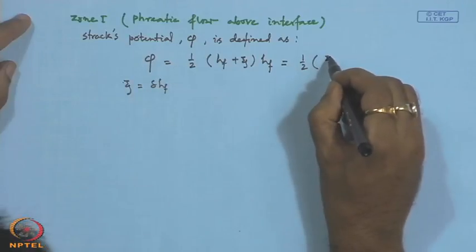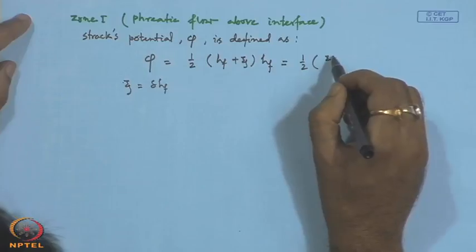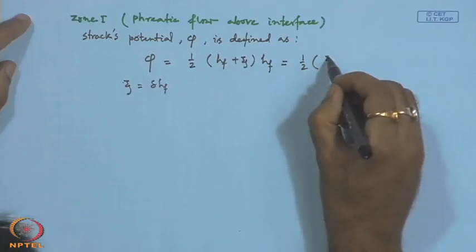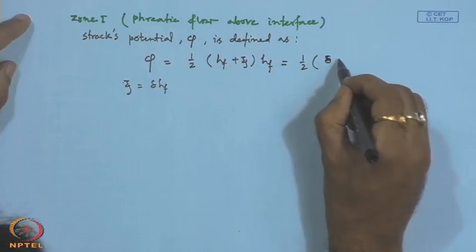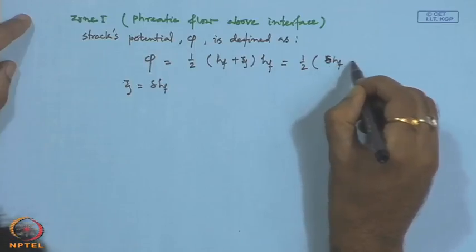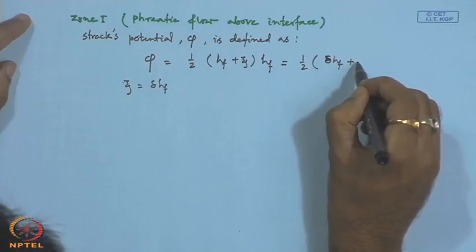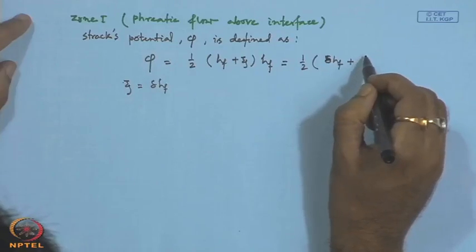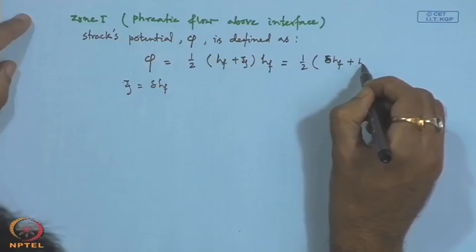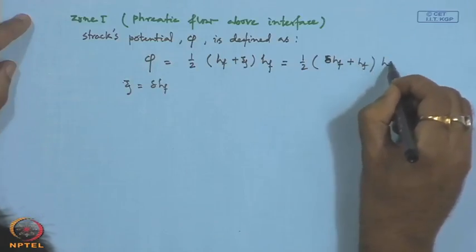So, in case of HF, we can replace it with delta HF plus HF into HF.